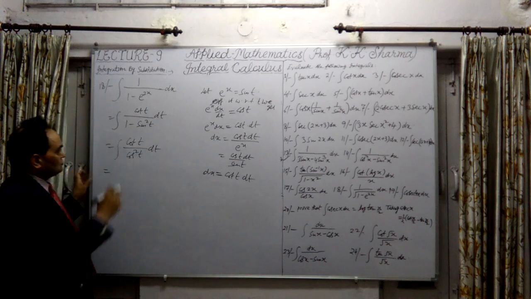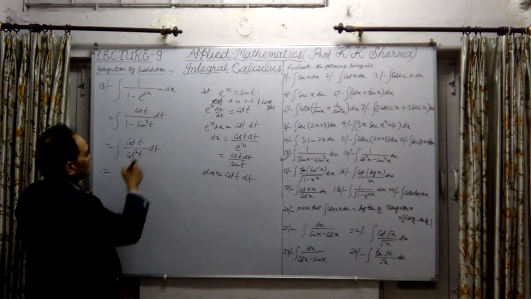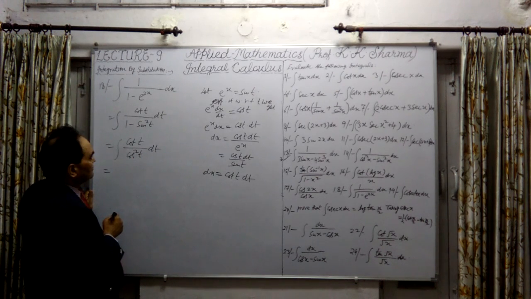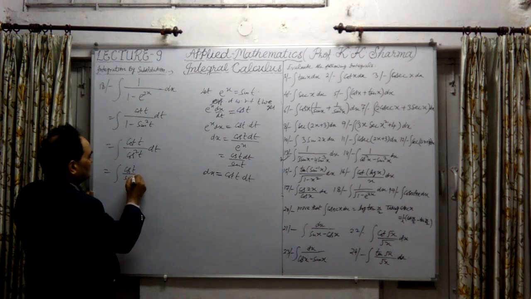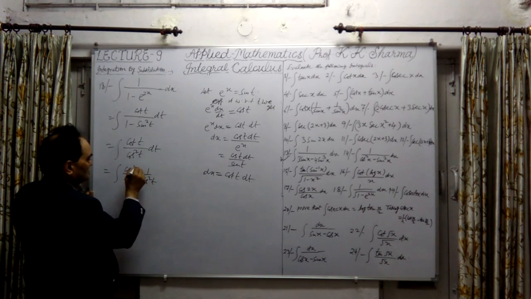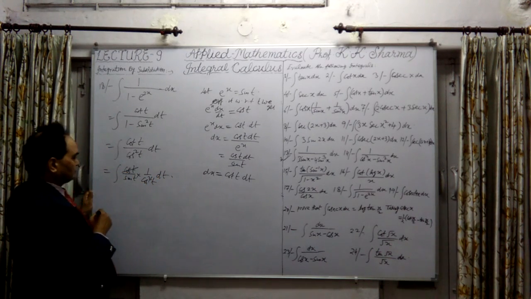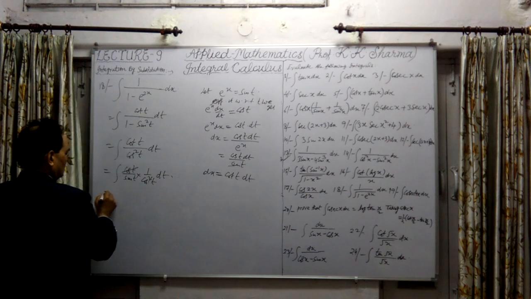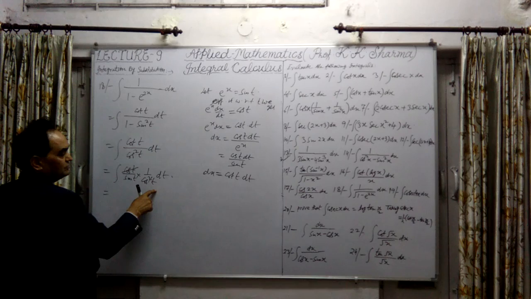Now this is cos upon sin, or it can be taken as sec square t in the numerator, but it can be further solved as cos t upon sin t into 1 upon cos square t. One cos t is cancelled out into dt. Finally, in the denominator we have sin t into cos t.